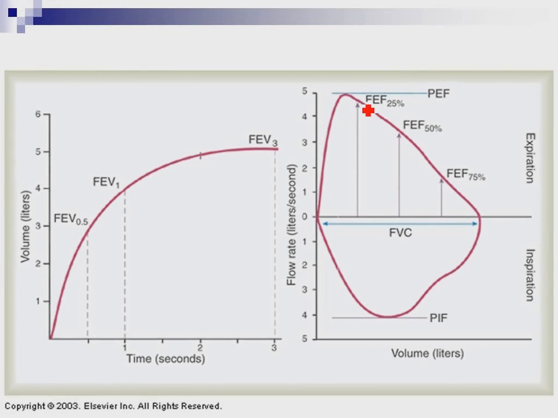So as I have this patient exhale, this middle part, the 25 to 75, the small to medium-sized airways now have a reduction in flow through that area. So they're going to have a curve that actually looks like this, like somebody just took a big scoop right out of there. In fact, we call it a scooped out flow volume loop, and it's classic for patients with obstructive lung disease.